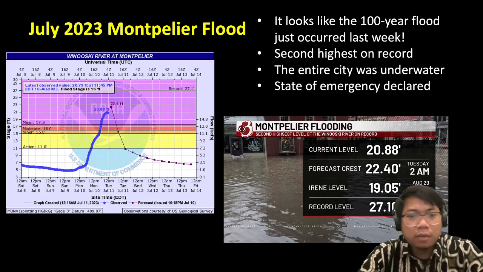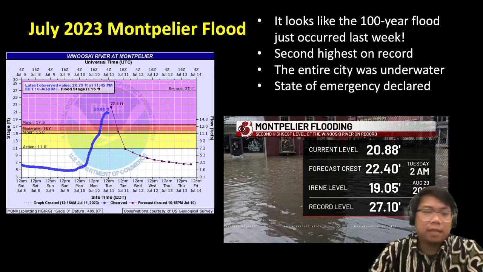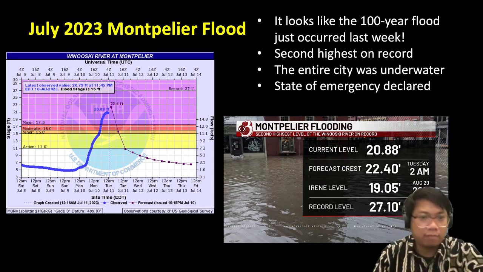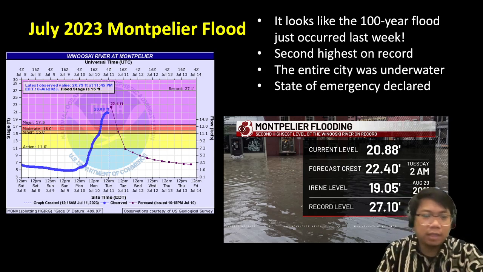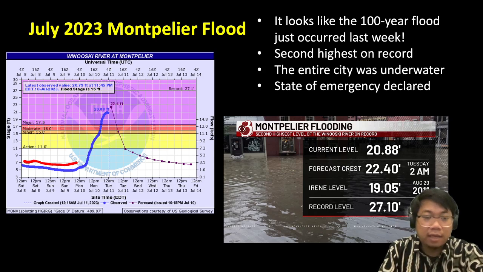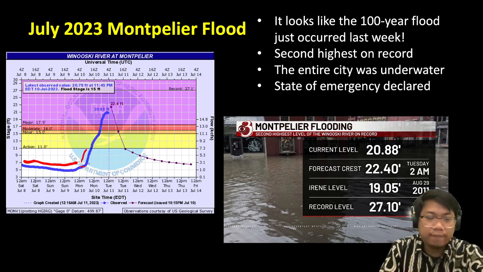All right, so let's take a look at the hydrograph that we had in Montpelier in Vermont that happened recently in 2023. This is the normal hydrograph right here on the left side. We start from the left, and around 12 p.m. Monday, July 10, the water starts to rise, and it climbs all the way up here.